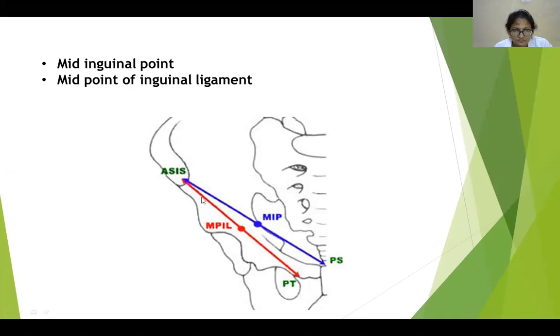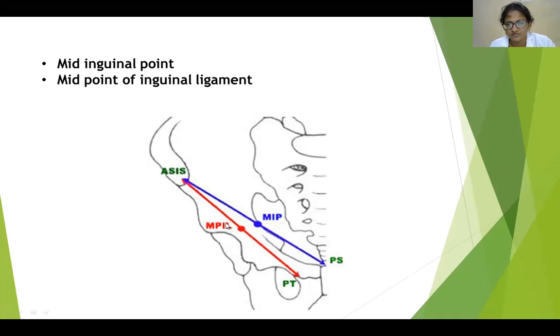The junction between the anterior superior iliac spine and the pubic symphysis, this middle point, is called the mid-inguinal point.